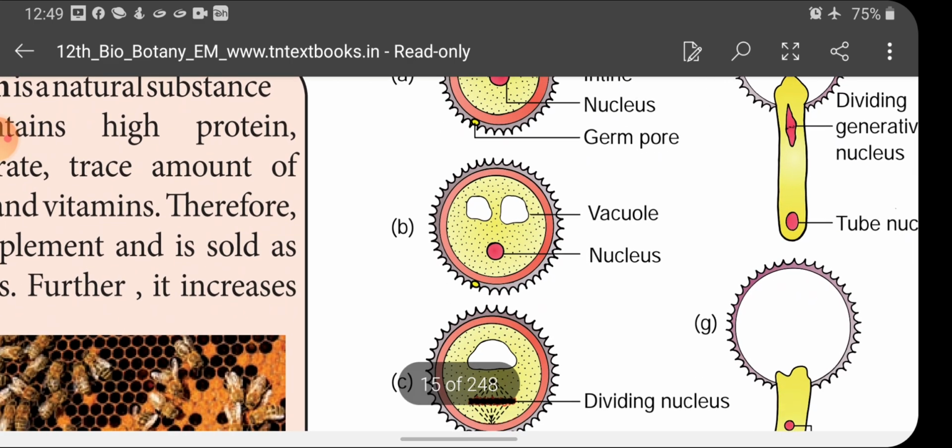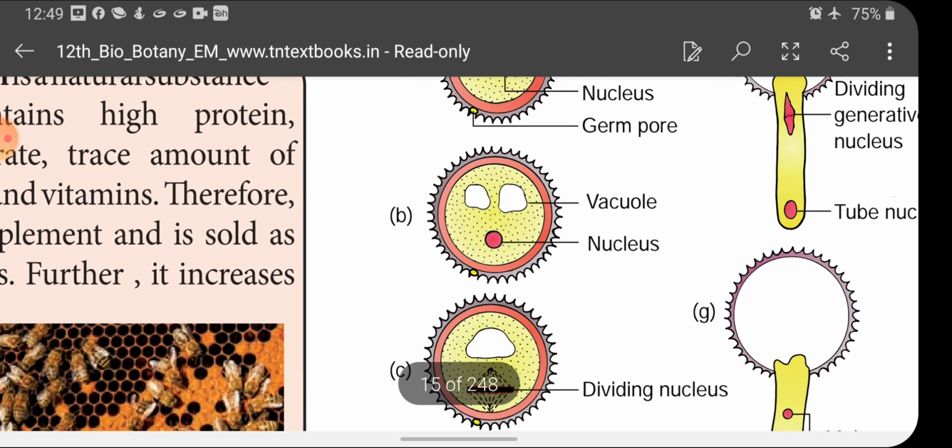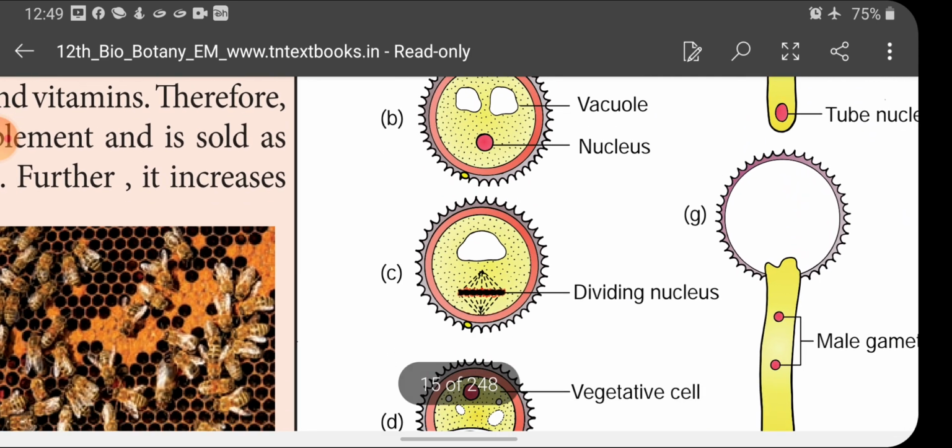In diagram B, we can see a newly formed structure called a vacuole, and the nucleus is also present.